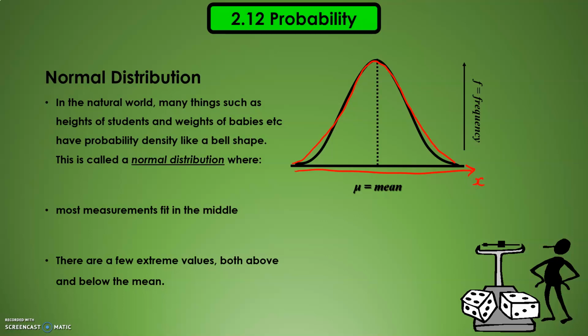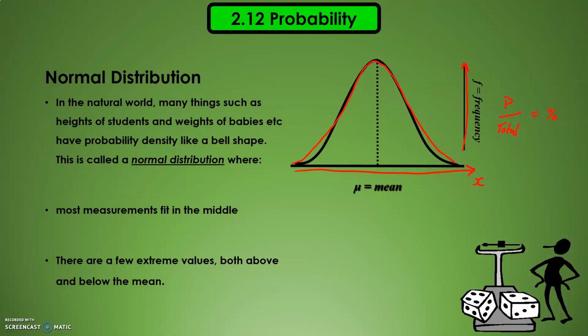So it can be the weights of babies, heights of students, anything in the natural world. And the frequency goes up. Now, obviously, to change that into probability, all we need to do is divide by the total. And the other way to think about it is if it's a percentage, it's the same as well.